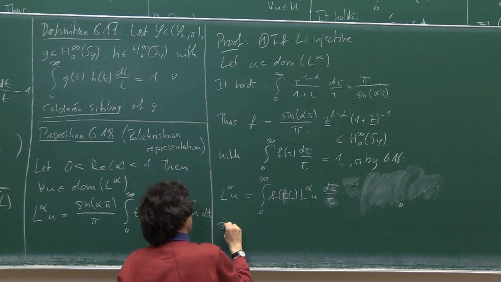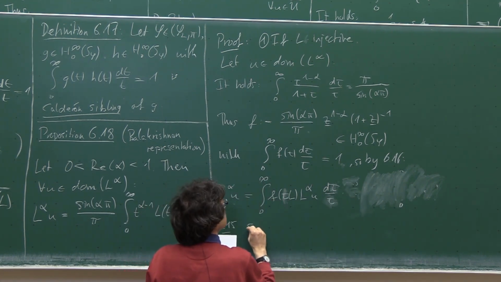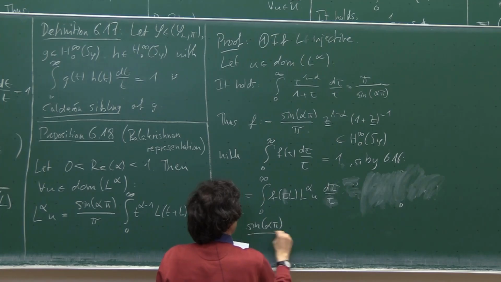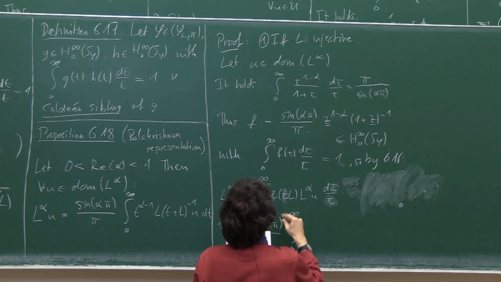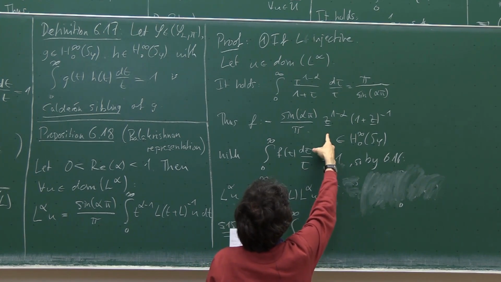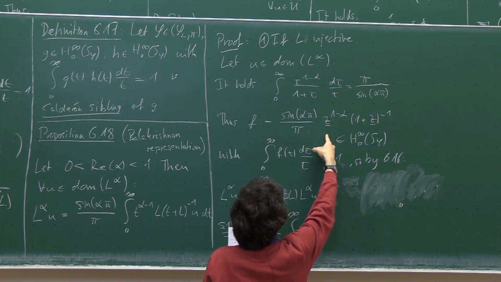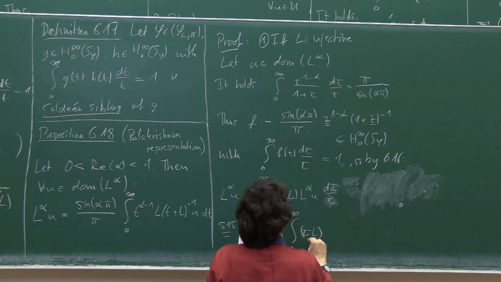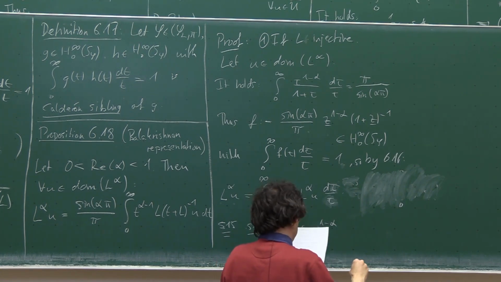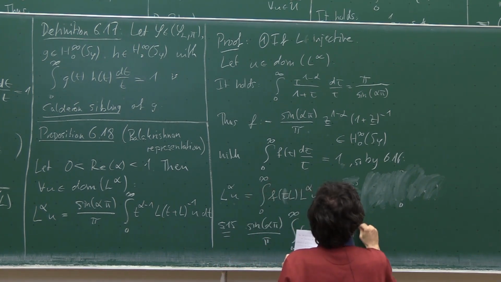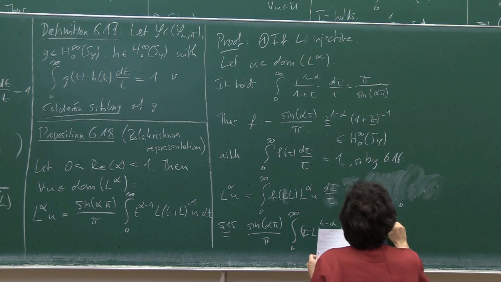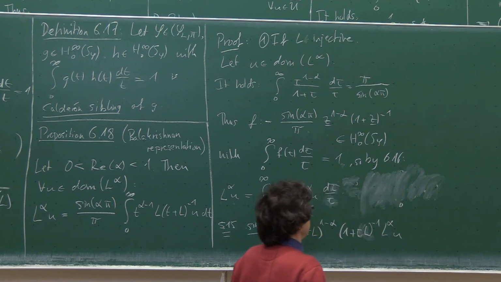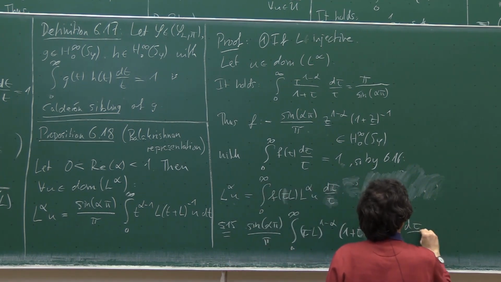So this is 515. This is sine of alpha pi divided by pi, integral 0 to infinity, and I'll put in the f at tau L. This gives you tau L to the 1 minus alpha, 1 plus tau L to the minus 1, then L to the alpha u, dt d tau over tau.